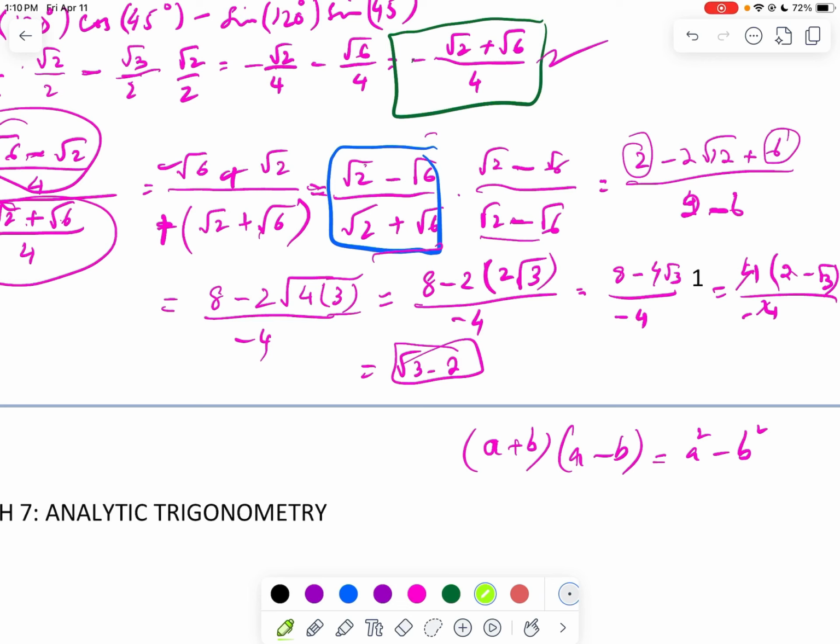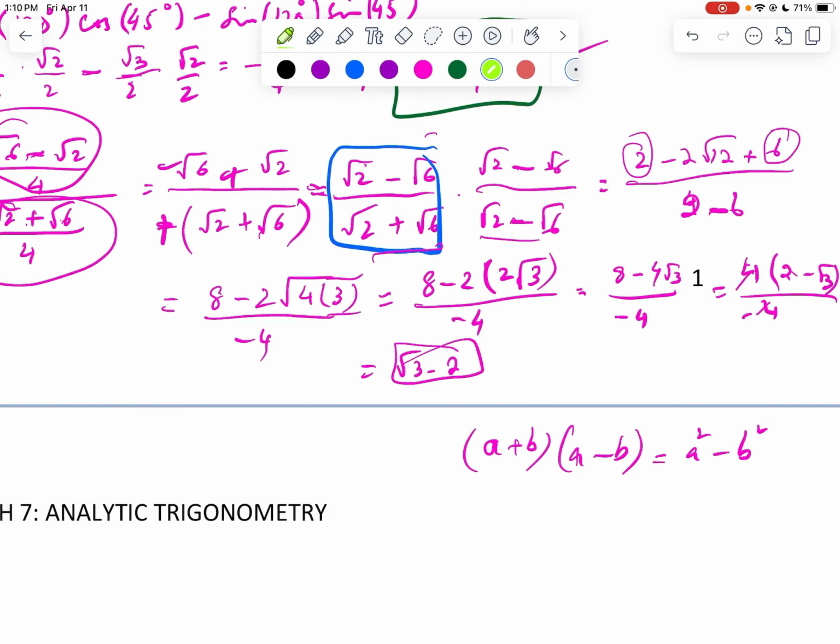Now square root of 12 can actually be simplified and written as 2 times square root of 3. So the middle term becomes 2 times 2, giving us 8 minus 4 into square root of 3, the whole thing divided by negative 4, because remember 2 minus 6 is negative 4.